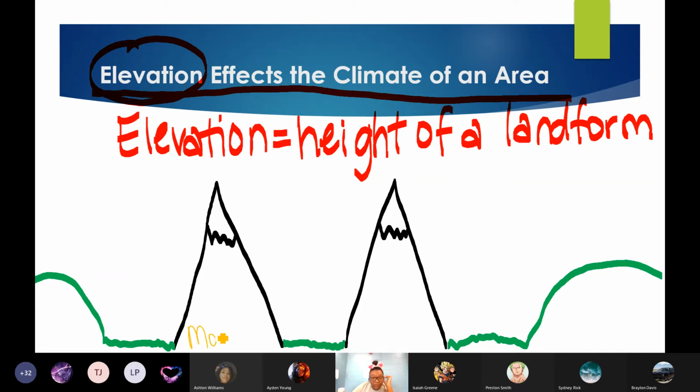Before we do that, let's take some time to label each of our landforms. This is a mountain. Mountain. This is a valley. This is a hill and a hill. Now, of these three landforms, which of them, turn your mic on, has the highest elevation?